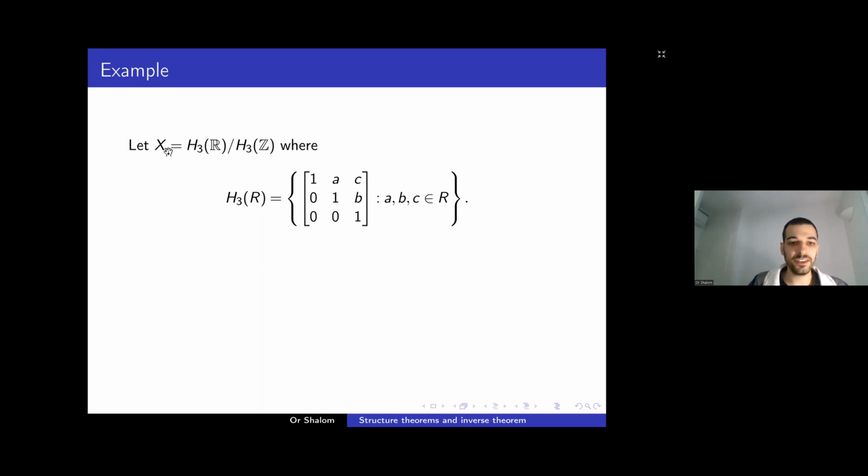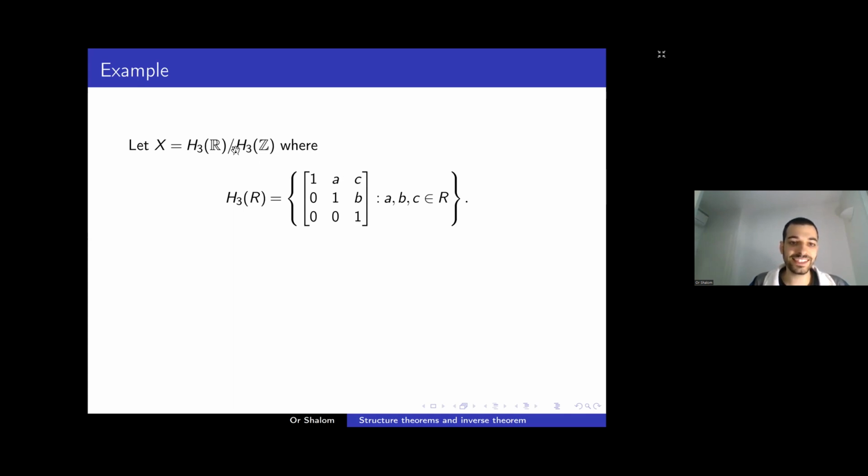And then you can look at the space X, which is this quotient space. And this is called a two-step nil manifold. So nil is for nilpotent because the groups are nilpotent, and manifold because topologically it's a manifold. It's a locally Euclidean space. The Heisenberg group over R is locally a three-dimensional Euclidean space.